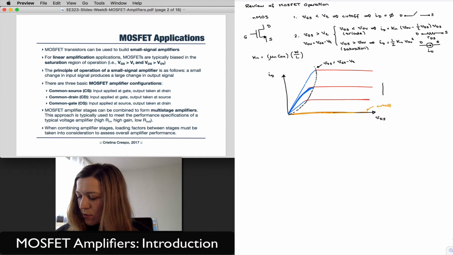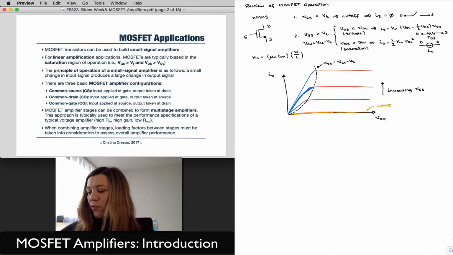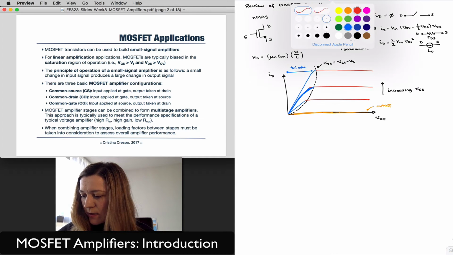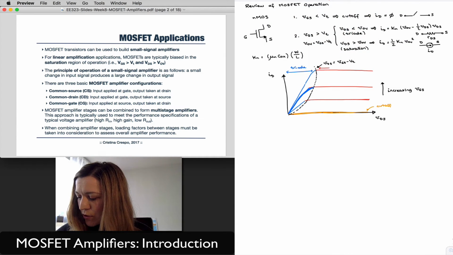Again, this will be for increasing values of VGS or increasing values of the overdrive voltage. As we increase VGS, obviously the overdrive voltage goes up. And I guess the last thing is just to label this as my triode region and this as my saturation region.